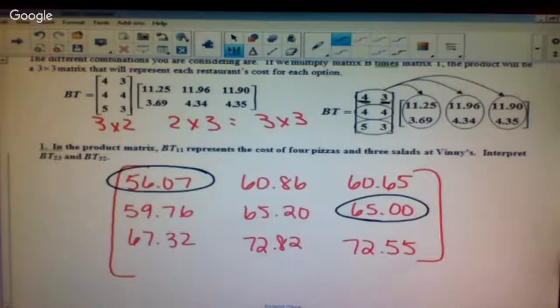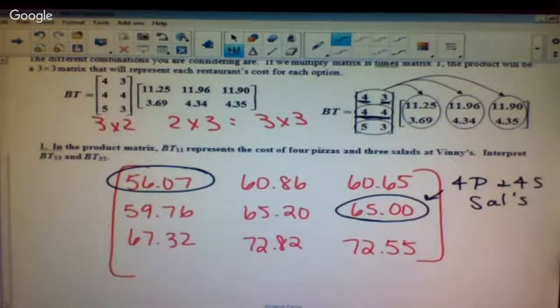Think about what row you're in. 4 pizzas, 4 salads. I'm in row 2. So we're here. 4 pizzas, 4 salads. For which restaurant? The last one, which was what? Sal's Pizza. Okay. So this number represents 4 pizzas and 4 salads for Sal's.